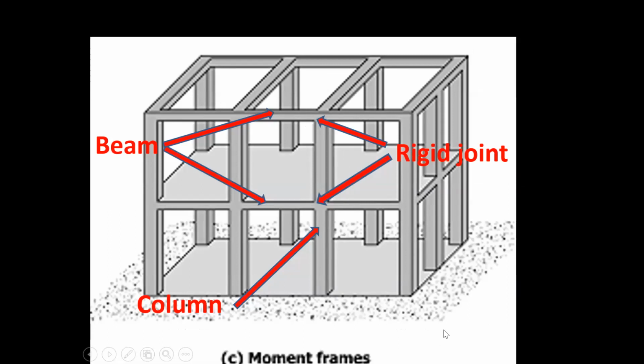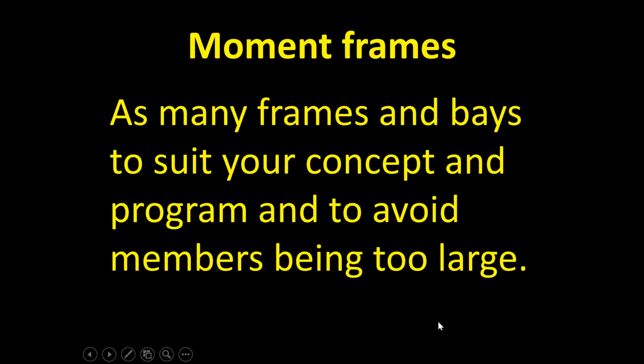This is a moment frame. And so when it comes to moment frames, you can have as many frames in plan as you want to suit your concept and your program, and to avoid your columns and beams becoming too large in cross-section.